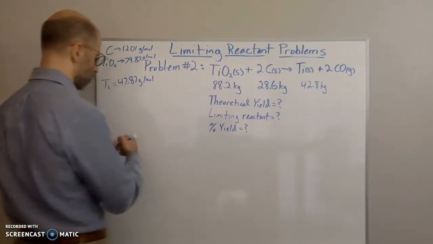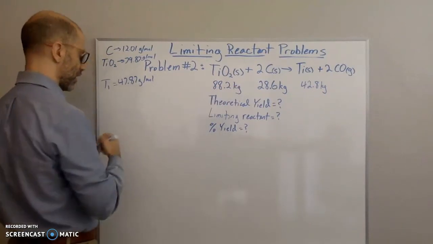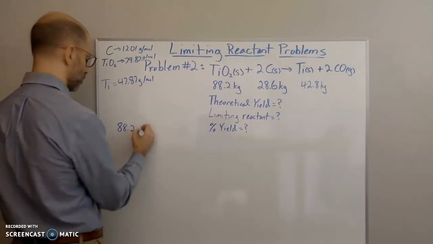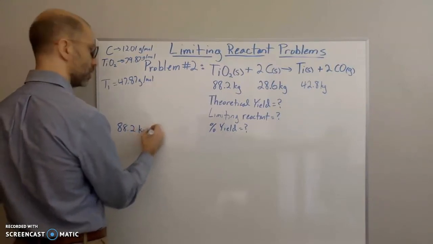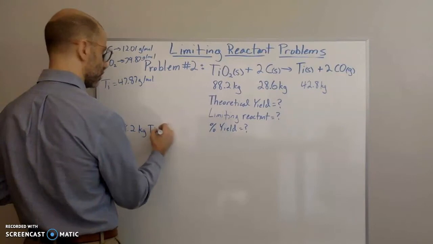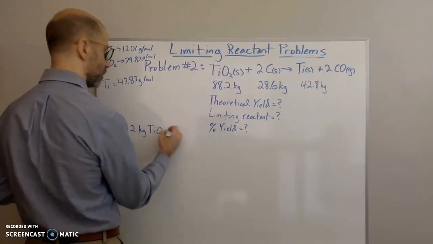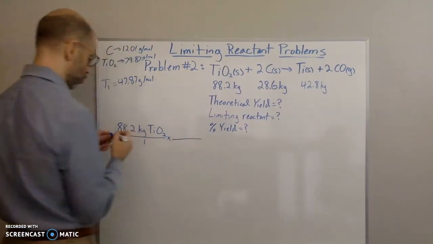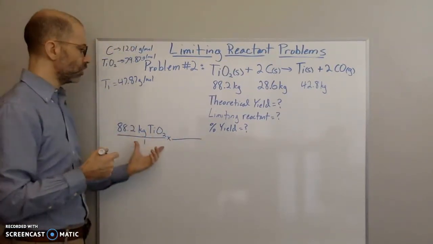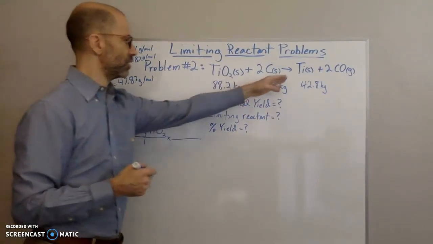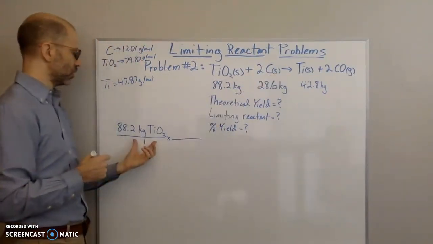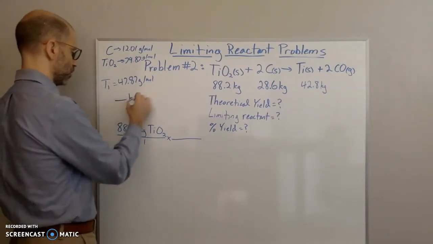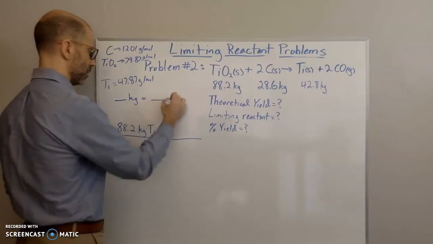We're going to start with 88.2 kilograms of the titanium IV oxide, and we're going to put that over 1. First thing we need to do, if we're going to convert this to moles so we can use our mole ratio to get to titanium, is convert this to grams. So we need to use the relationship of kilograms to grams.